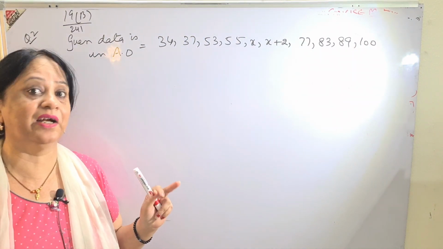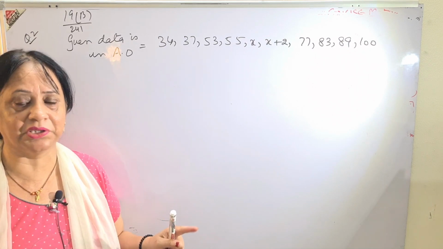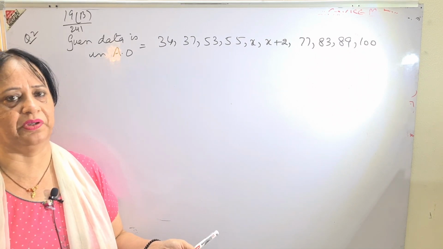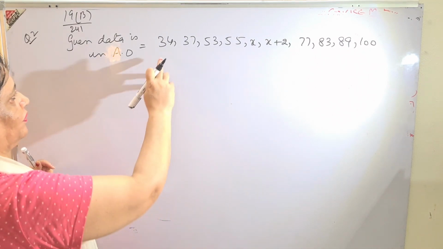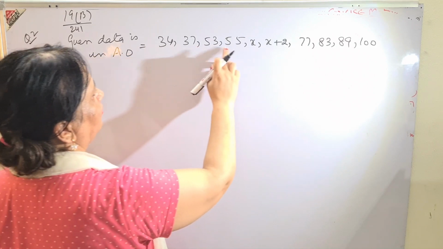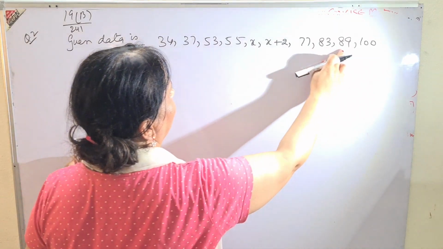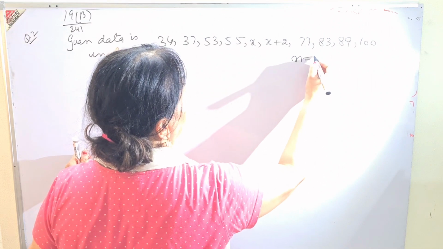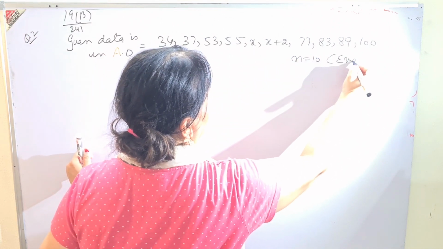Now in median, first thing is you have to write in ascending order. But since the ascending order is already given in the question, you move to the second step. Now you have to count the number of entries: 1, 2, 3, 4, 5, 6, 7, 8, 9, 10. Now n is equal to 10, which is even.